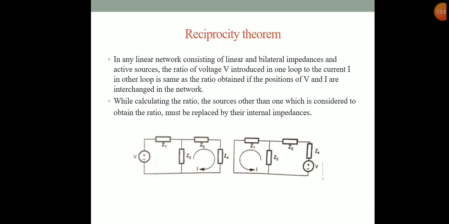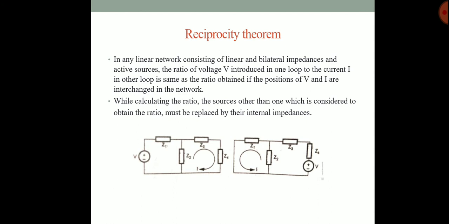Now, next one, reciprocity theorem. The statement of this theorem: in any linear network consisting of linear and bilateral impedances and active sources, the ratio of voltage introduced in one loop to the current in the other loop is the same as the ratio obtained when the positions of V and I, that is the voltage and current, are interchanged in the network.